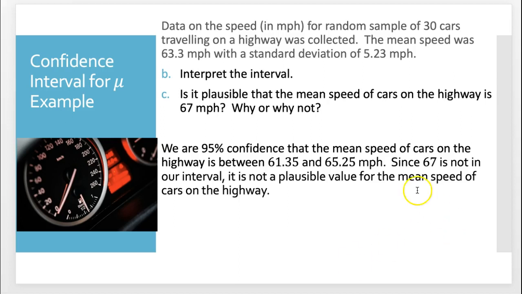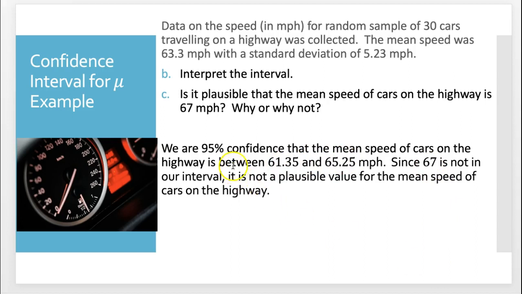And we say, well, no. Since 67 is not in our interval, it is not a plausible value for the mean speed of cars on the highway. And we can also conclude that it's less than that, because every single value in this interval is less than 67.